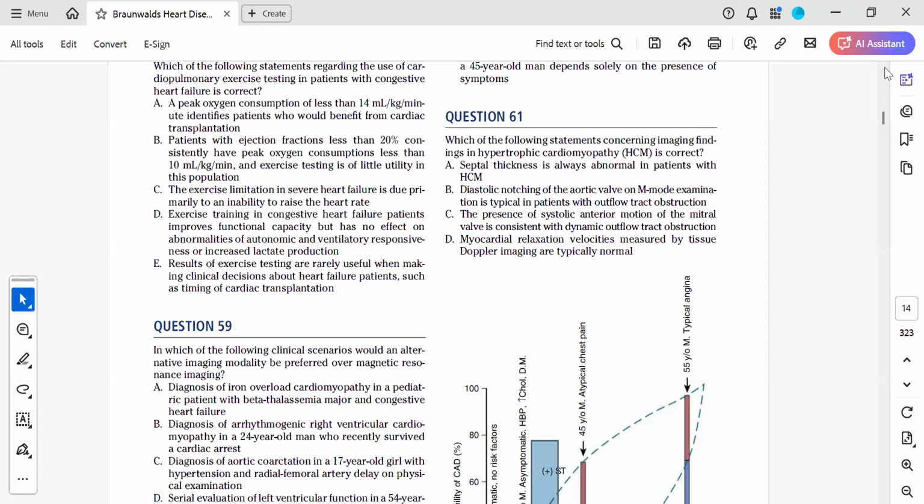So apart from transthoracic echo, we can also do transesophageal echo. Transesophageal echo becomes important if you're suspecting a primary mitral valve problem as a cause of the mitral regurgitation.